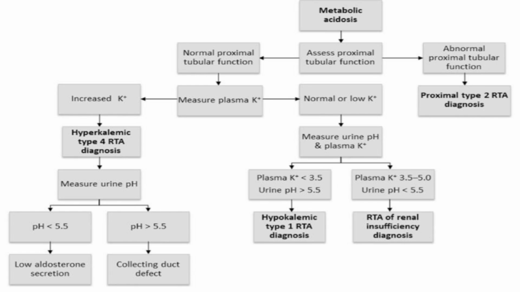If there is metabolic acidosis, assess proximal tubular function. If there is abnormal proximal tubular function, it is a proximal type 2 renal tubular acidosis diagnosis. If there is normal proximal tubular function, then measure potassium level. If potassium level is increased, this is type 4 renal tubular acidosis. If potassium level is normal or low, it will be either hypokalemic type 1 or secondly renal tubular acidosis of renal insufficiency.